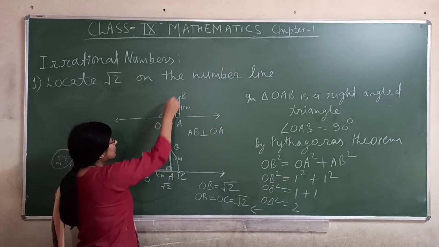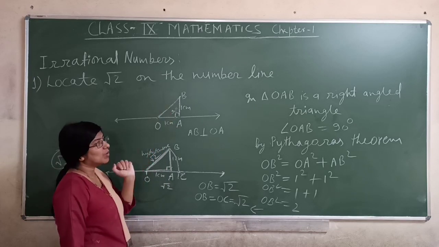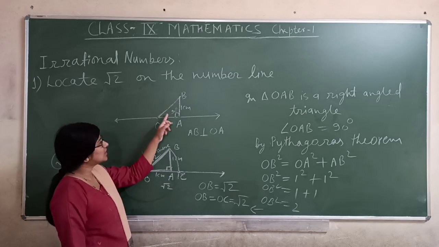So OB is the hypotenuse, and we need the value of OB.